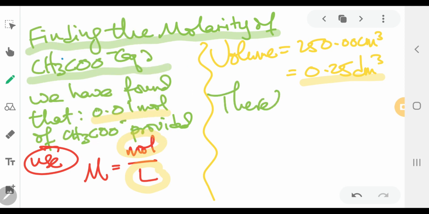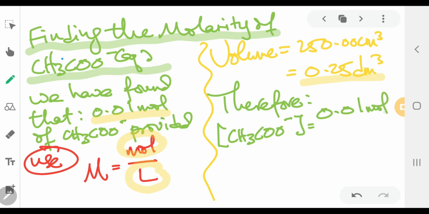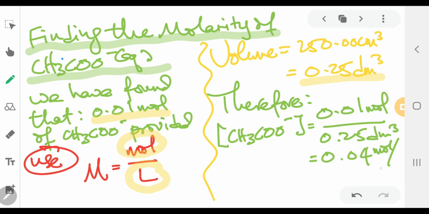Therefore, the molarity of CH3COO- is 0.01 mole over 0.25 decimeter cubic, and we have about 0.04 mole per.